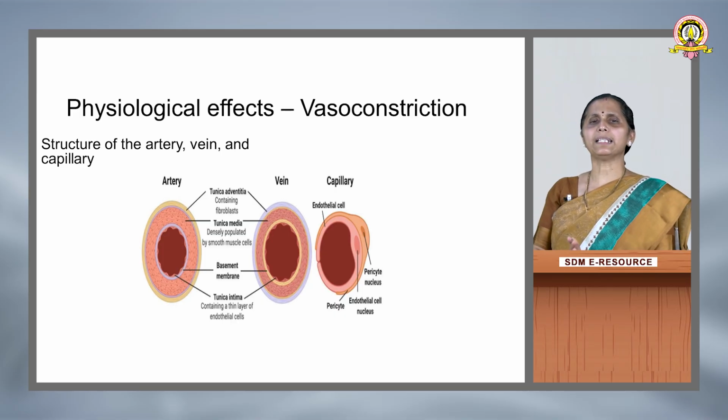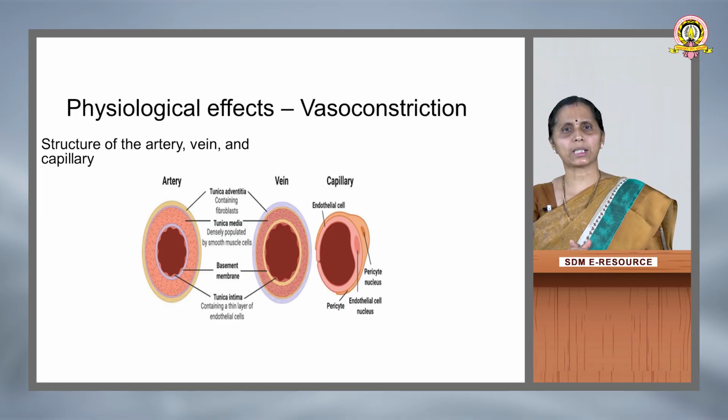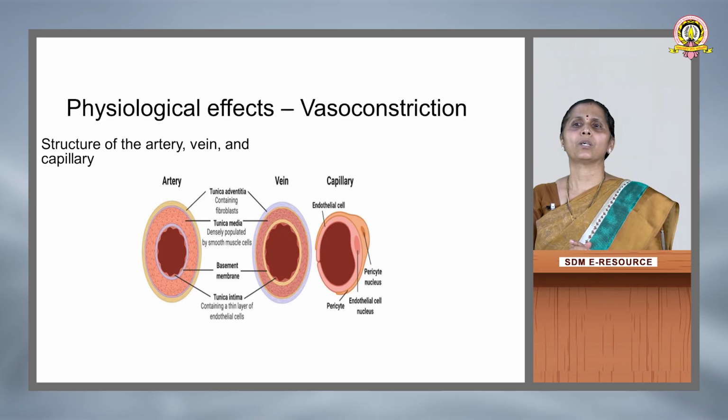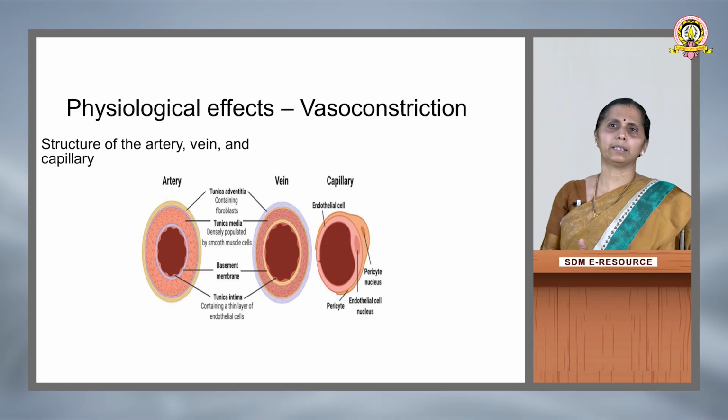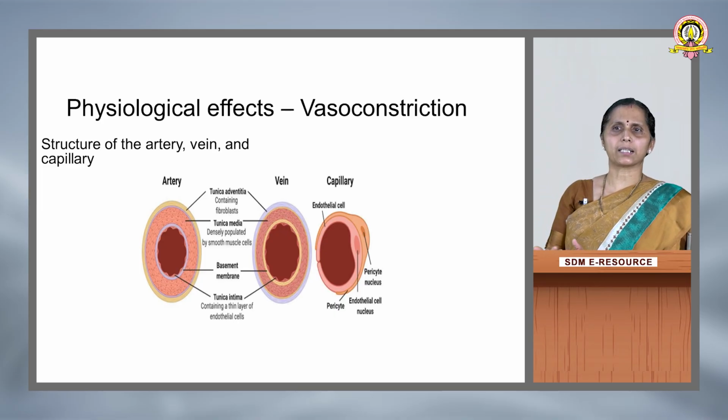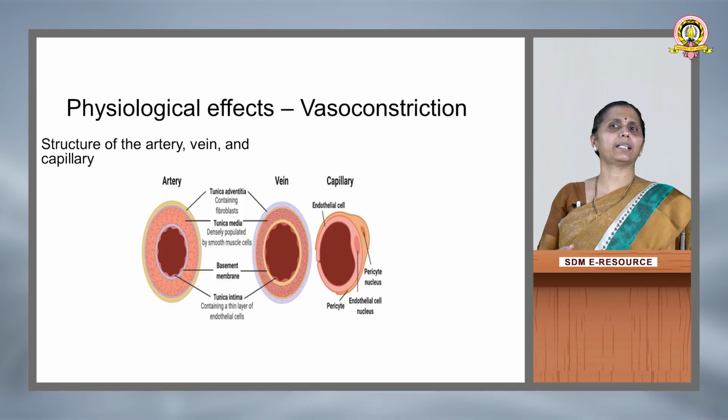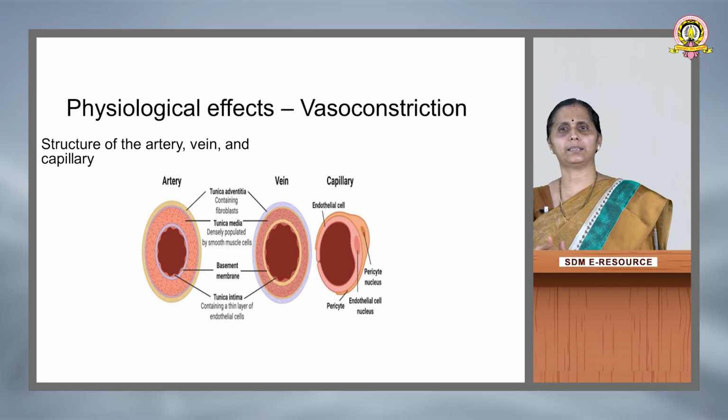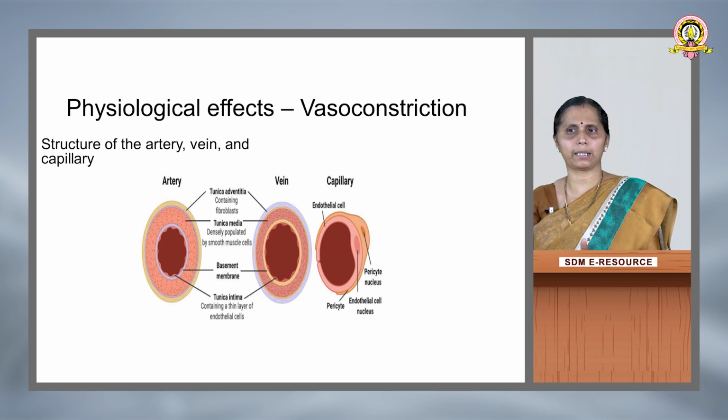So, whenever we talk about vasoconstriction, that is constriction of the blood vessels, we have to remember the structure of the artery, vein and capillary. You can see this slide here.